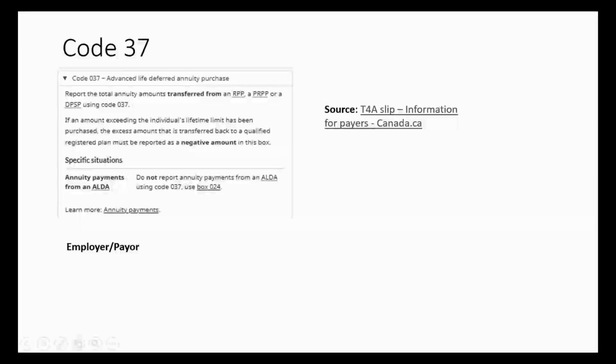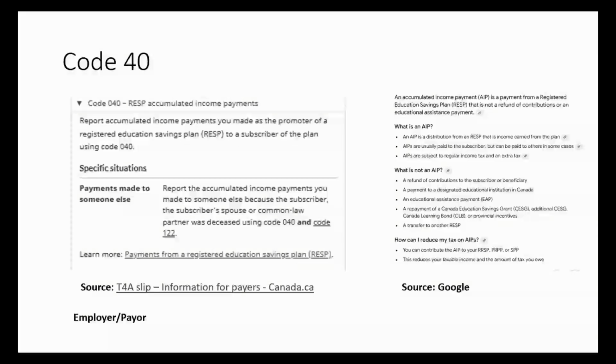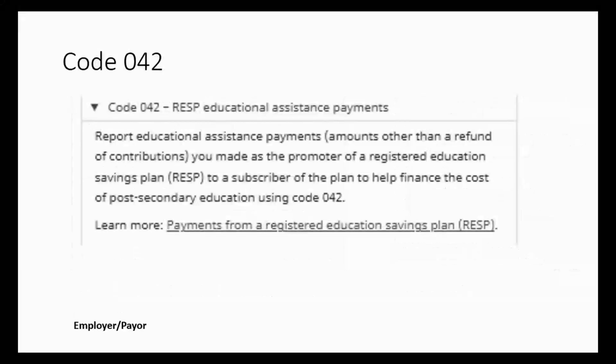Okay, code 37, advanced life deferred annuity purchase. Code 40, RESP accumulated income payments. Accumulated AIP is a payment from a registered RESP that is not a refund of contributions or educational assistance payment. Code 42, this is RESP educational assistance payments.